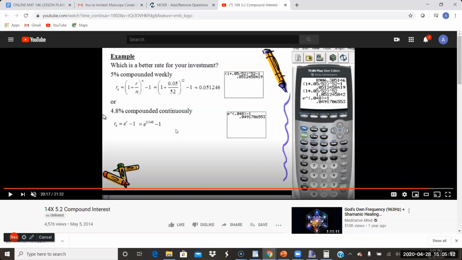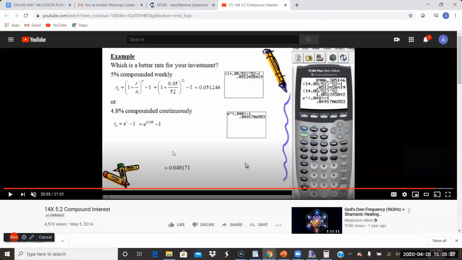So even if you're continuously compounding every second, making interest on your interest on your interest, it doesn't quite make up for the difference in the percent.